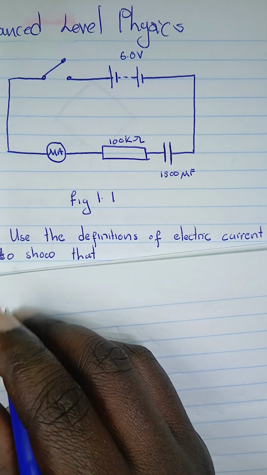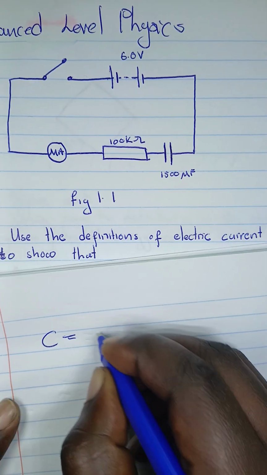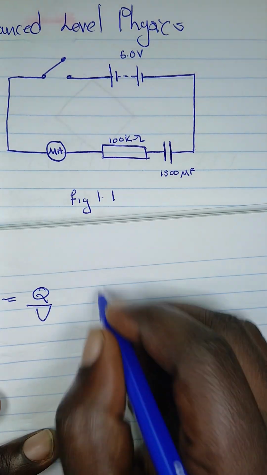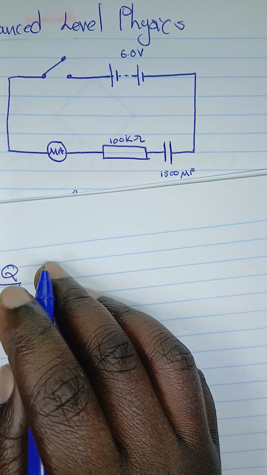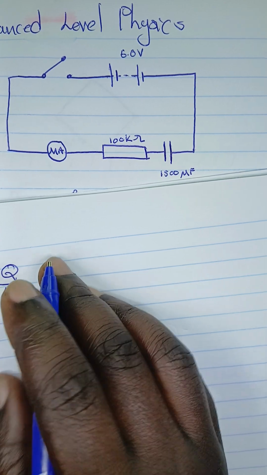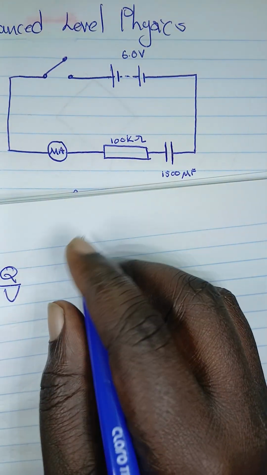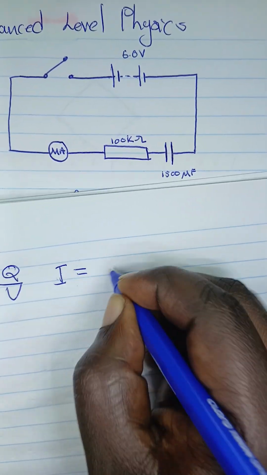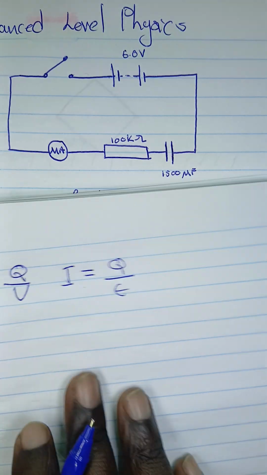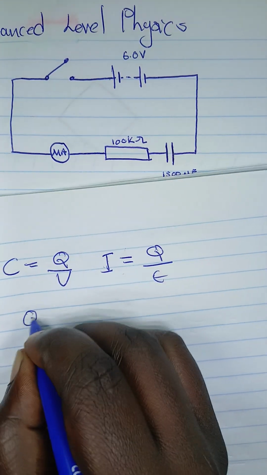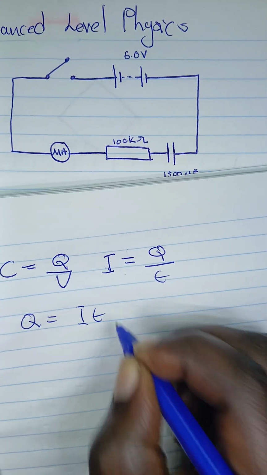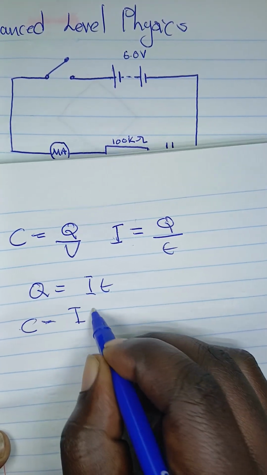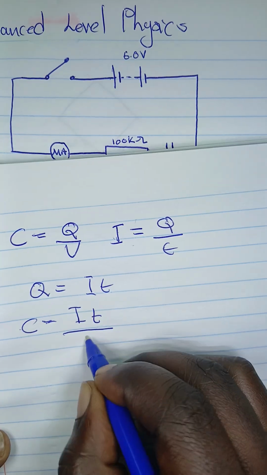So we know that capacitance is equal to Q over V, and we also know that I is equal to Q over T. So Q is equal to IT. So we have capacitance is equal to IT over V.